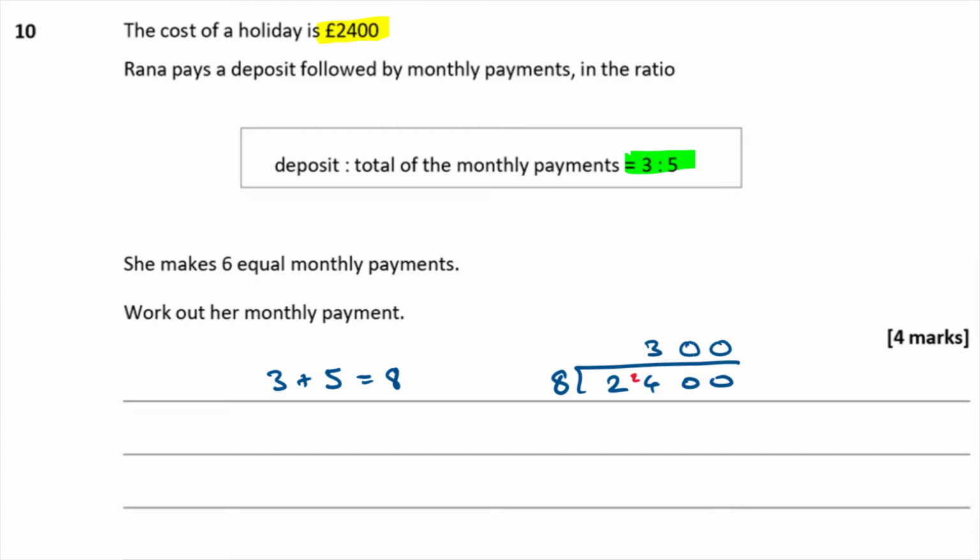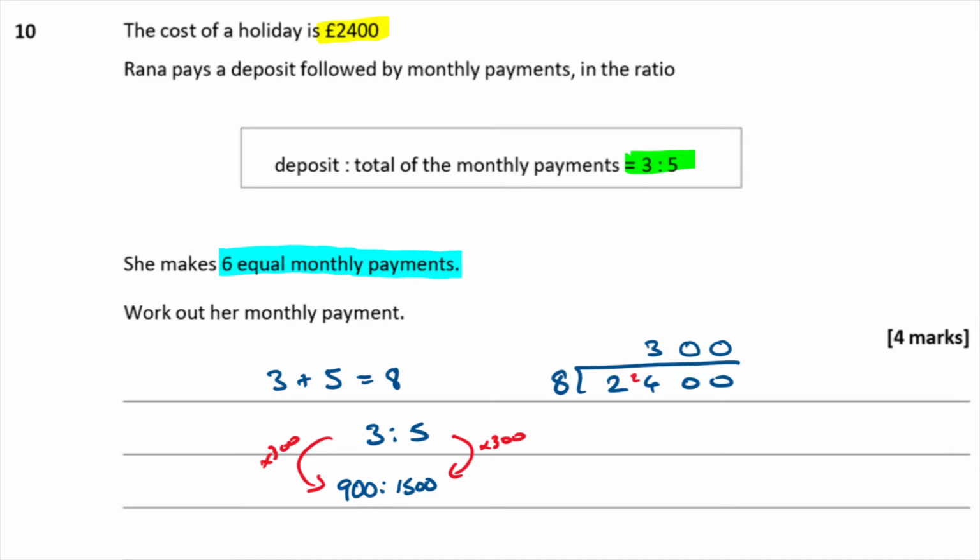Okay, so then taking our ratio of 3 to 5 and scaling it up by a factor of 300, that is going to give me 3 times 300 is £900 for the deposit, and 5 lots of 300, that's going to be 1,500 for the monthly payments. Okay, so we've got £1,500 to pay in 6 equal monthly payments.